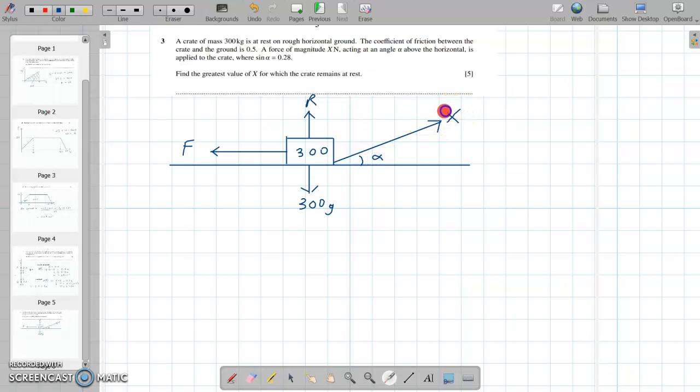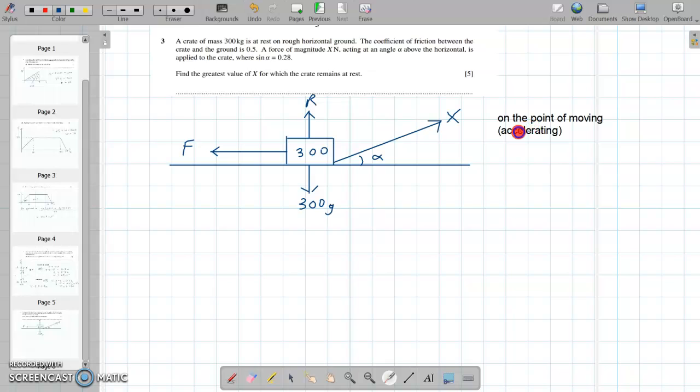But anyway, as x is increased, F will increase, and it will keep increasing to stop it moving, and it will carry on doing so. But it will come a point where it has a maximum, okay, and when it gets to that maximum, and x is on the point of moving, any more force after that, then it will move.